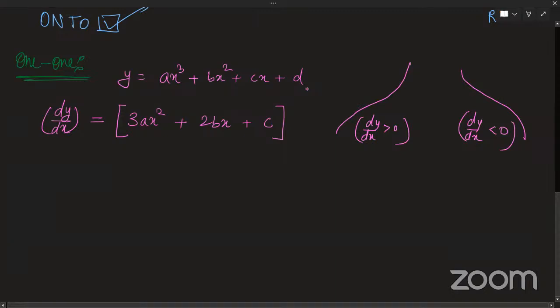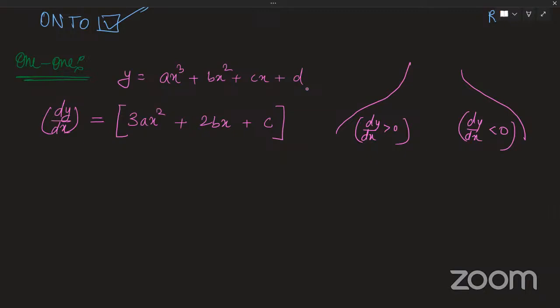So just looking at this, can you guess which case it should belong to? This function should belong to one of these cases. Only then can it be one-one. Otherwise, it can't be one-one. So tell me, which case should this function go to?